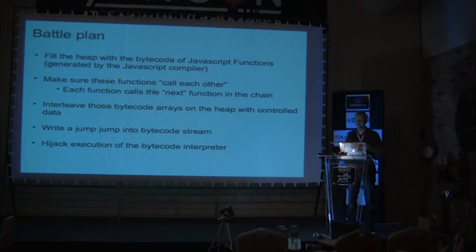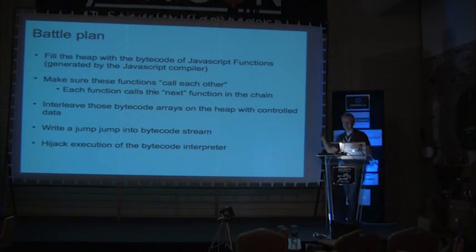Now, we'll do this and interleave the bytecode with regular data. So you'll have JavaScript bytecode, data of the attacker, JavaScript bytecode, data of the attacker, and so forth. And then when you randomly write your value, you write a JavaScript goto, a JavaScript byte jump, into that bytecode, so that you hijack the interpreter and divert it into your data, and then you execute arbitrary bytecode, and then you can do whatever you want.